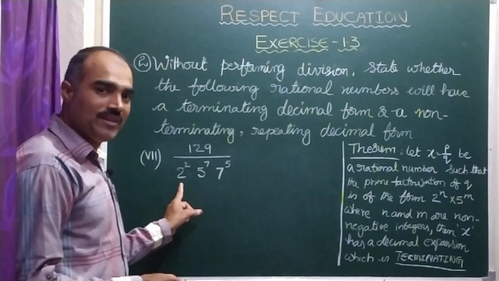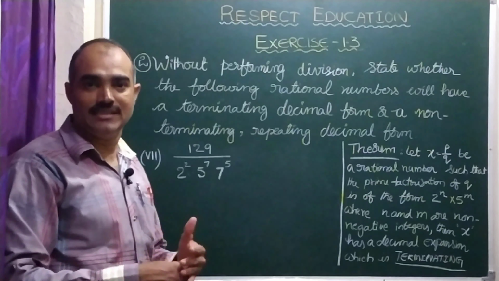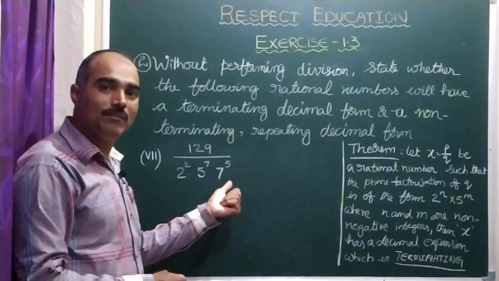Here you just observe 7 power 5 means 7 into 7 into 7 into 7 into 7. No 7 can cancel 129. So in this case no cancellation is there, right? In some problems, for twisting us, for confusing us, or for testing us, they will give one more extra number with which the numerator can be cancelled. So be aware of those kinds of bits.